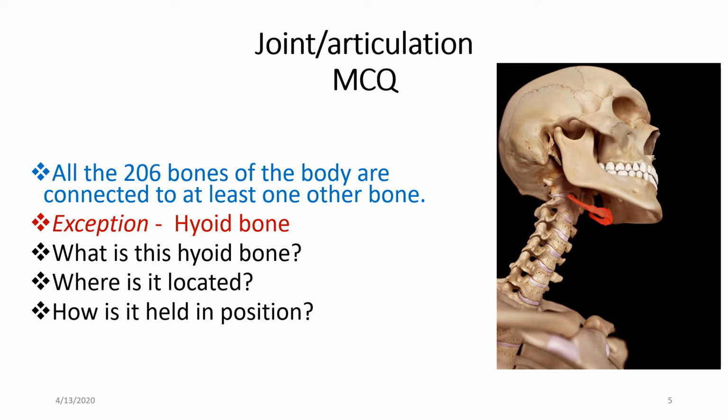It provides attachment to muscles of the floor of the mouth, the tongue, the larynx, and some muscles of the pharynx. So it is held in position by the muscles and ligaments. Now you understood why the hyoid bone is exceptional in not forming a joint.